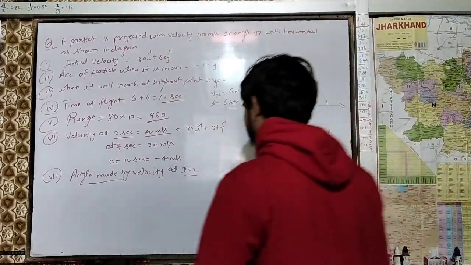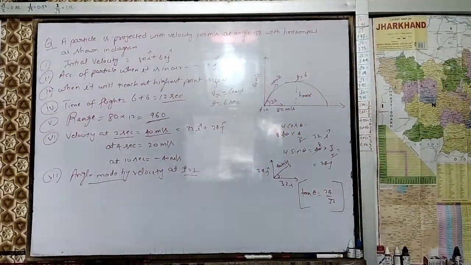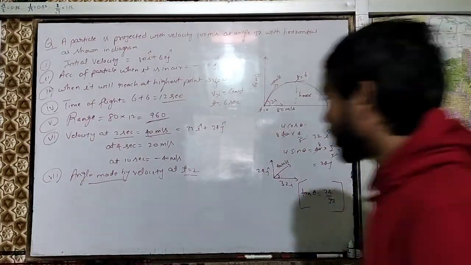Now let's change the data. Data is the same, 100 meter per second. Location of a particle.